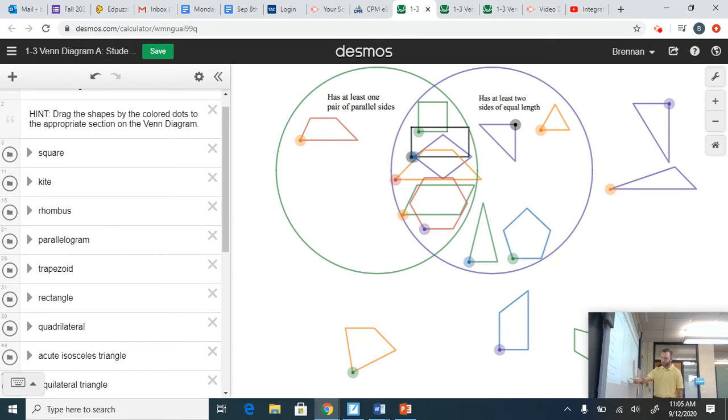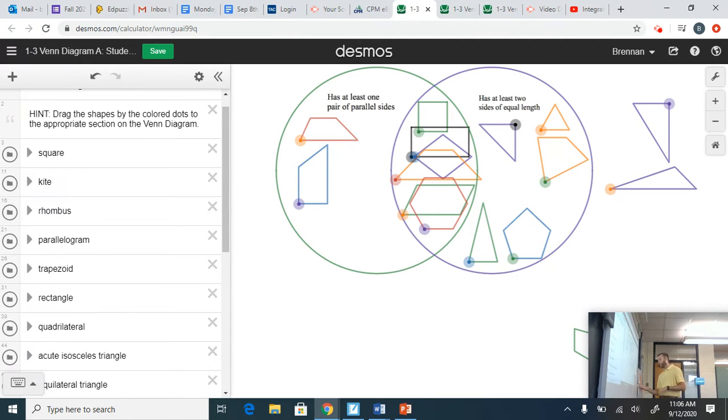This quadrilateral, that's actually like a kite. So a kite actually has two equal sides. So we're going to put it there, but it doesn't have anything parallel. And then this other trapezoid has one pair of parallel sides, two sides are parallel, but no sides are the same length.